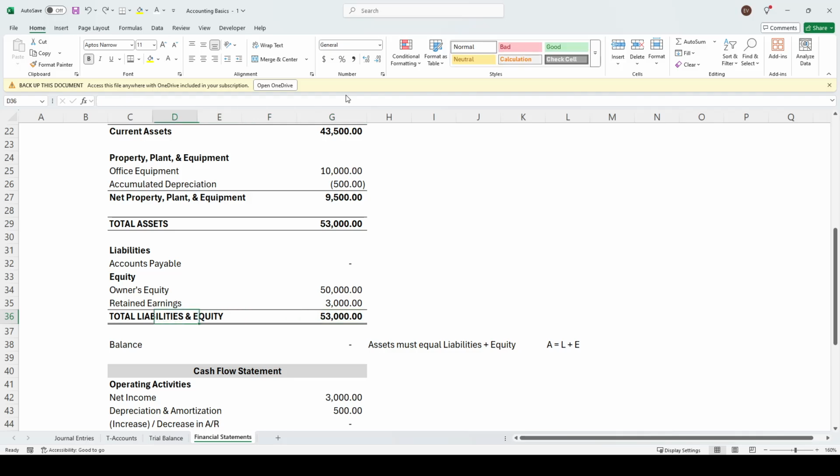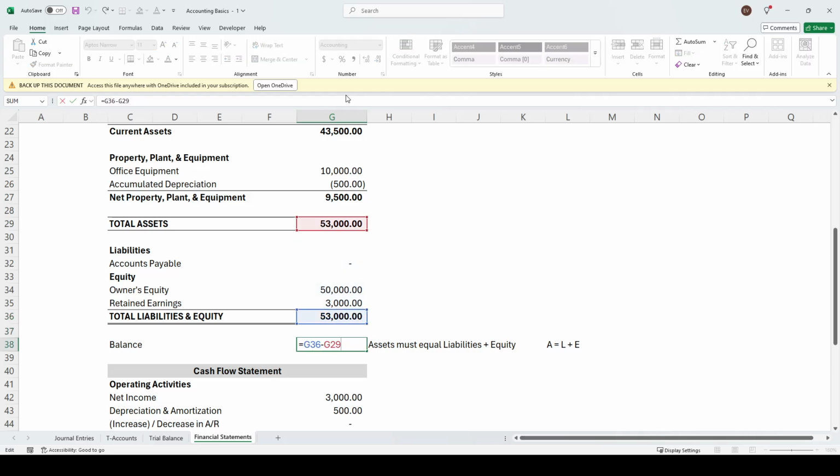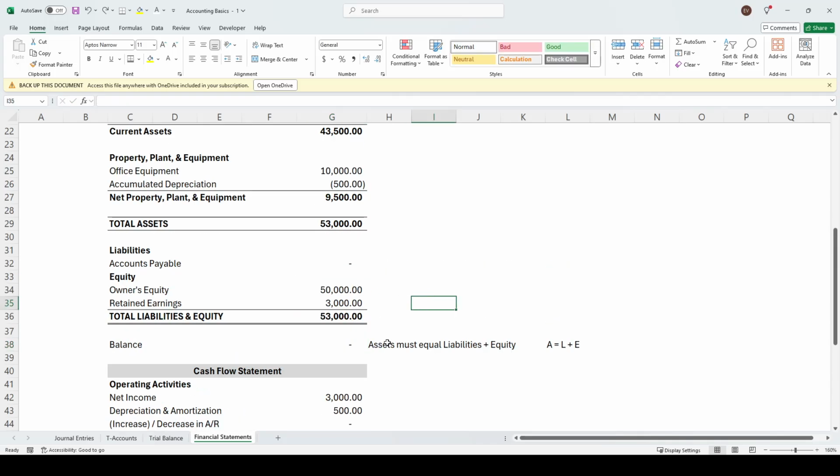And so now that gives us our total liabilities and equities of $53,000. And if you see, that matches with my total assets. And so, if you recall, the most important equation is that assets must equal liabilities plus equity. And so this is a good example.